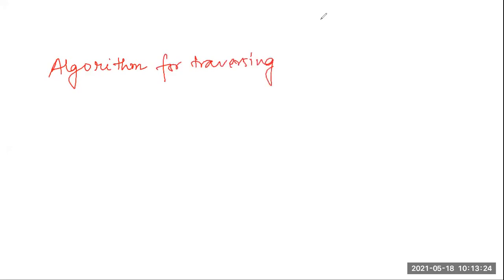Operations of an array we studied: the first operation which can be done is traversing of an array. So for traversing of an array, suppose it's a linear array, what is the algorithm? First we were starting what? We were starting from I equal to 0.